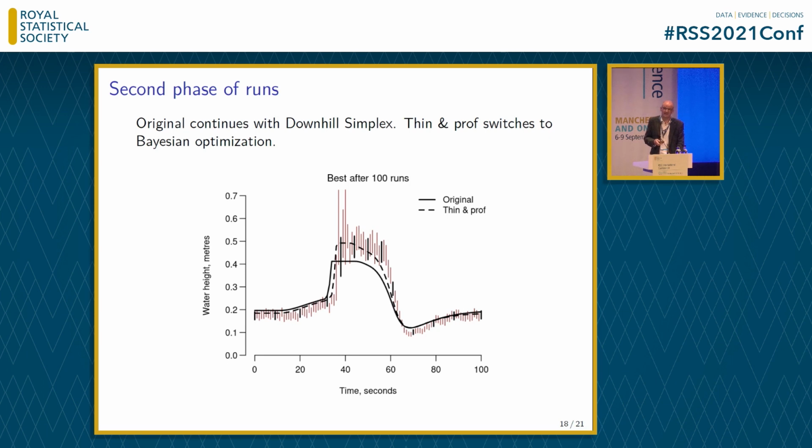The point about the thinned and profiled likelihood is that, for reasons we do understand, it's a much less lumpy surface. So when you're looking for the global minimum, it's easier to move around that surface, so you get there faster. And that's what you're seeing here. After 100 runs, we have to say the thinned and profiled log likelihood has done a good job, but the original is sort of stuck.